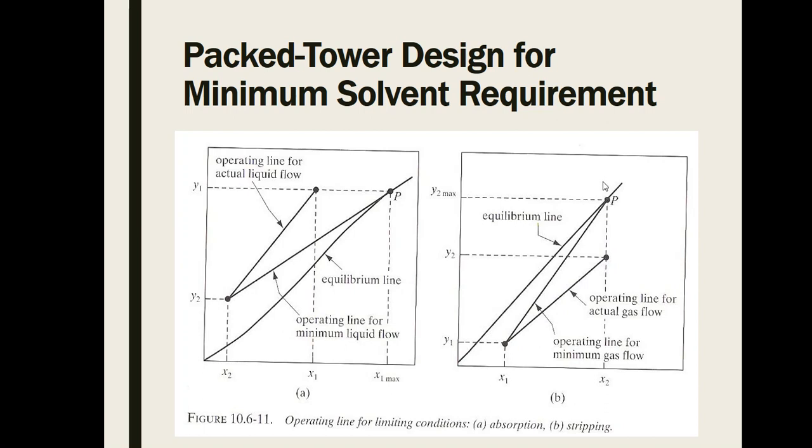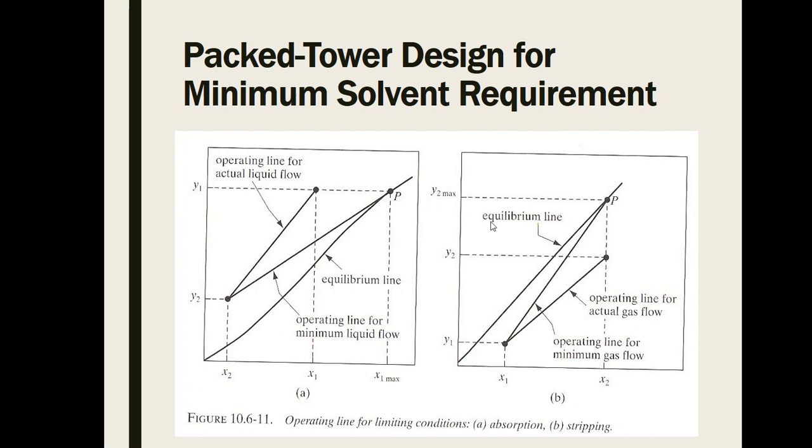So here, we're trying to find the y2 maximum based on x2, still utilizing the equation y2 maximum is equal to m x2. Given the m in the equation and the x2, we can find y2 maximum. So x2 has to be given and the equilibrium relationship for m should be given so that you can determine y2 maximum.